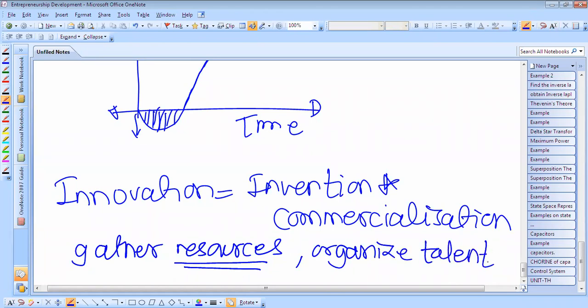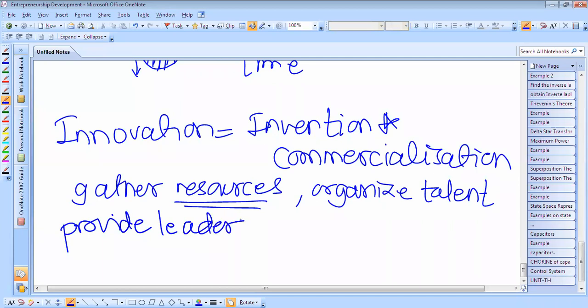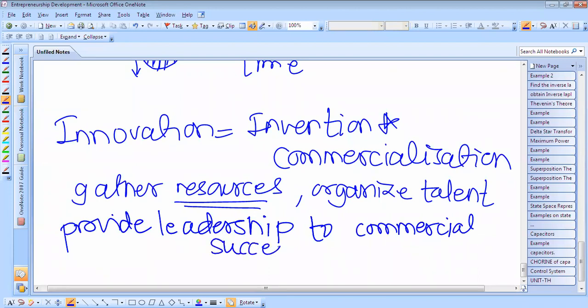Whatever talent is needed for preparing that product, he will organize that talent and provide the leadership to commercialize that product, to a commercial success.